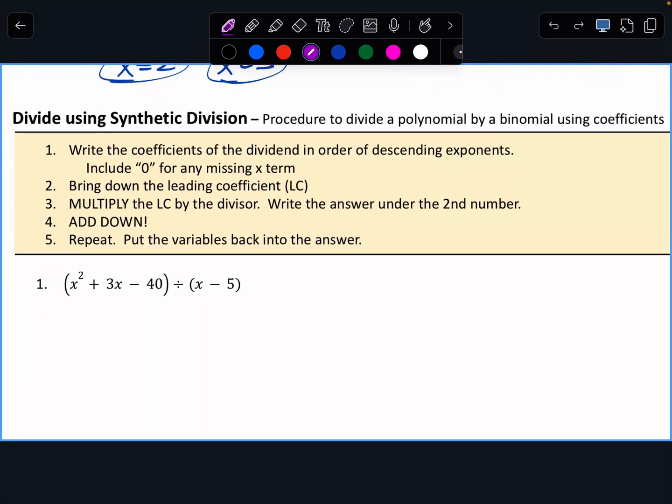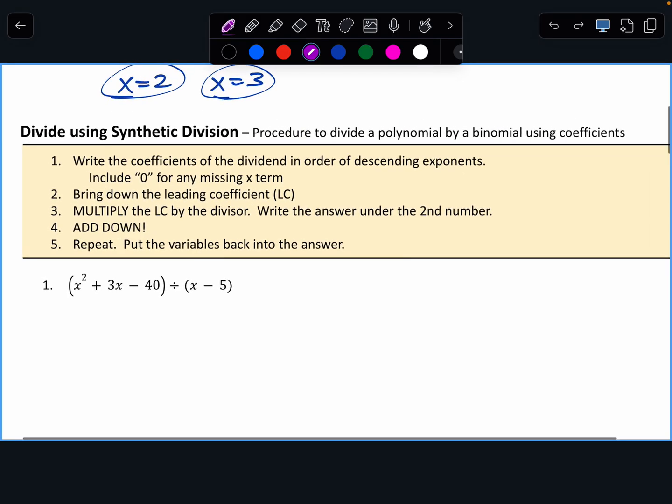Okay, if you look here, we've got 5 steps basically to go through and use synthetic division. The first thing is to write the coefficients of the dividend in order of descending exponents, including 0.